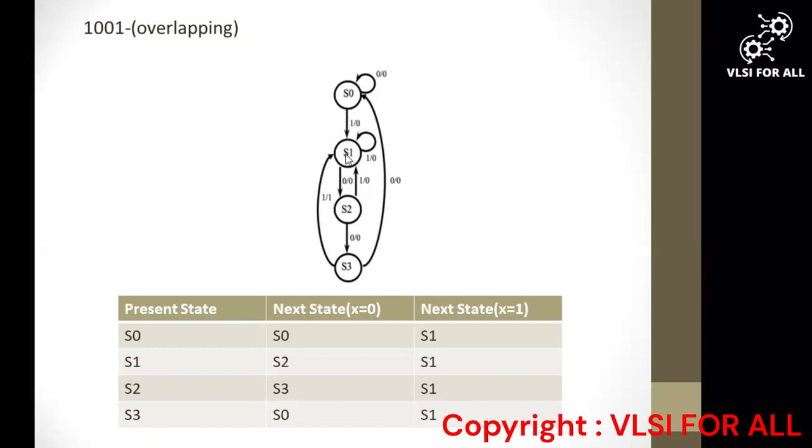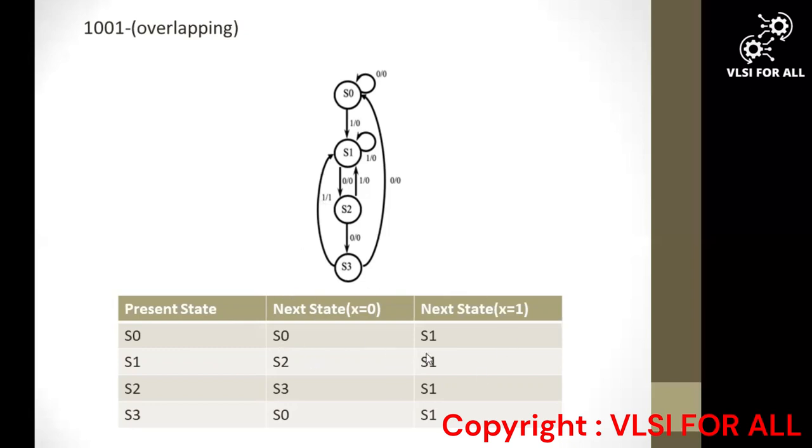S0 goes to S1 for input 1, but for input 0 it goes to S2, and on S2, if input is 0, it goes to S3. But when we consider the overlapping case, in S3 it is not going to S0 as in the non-overlapping case, but it is going to S1. So this creates the difference here.